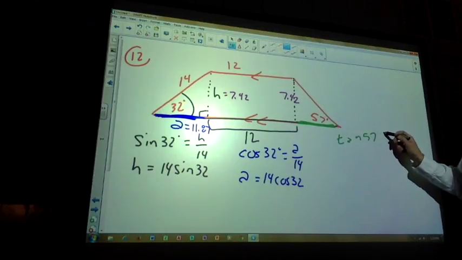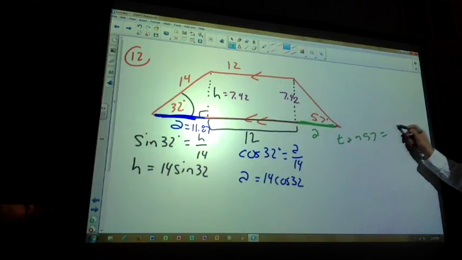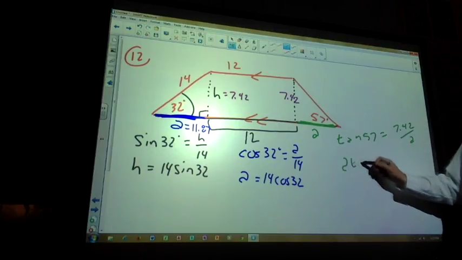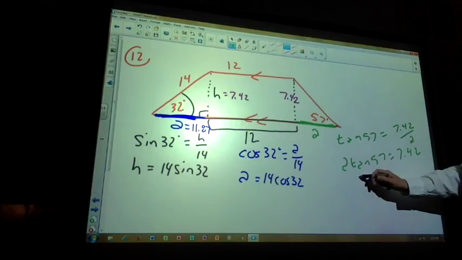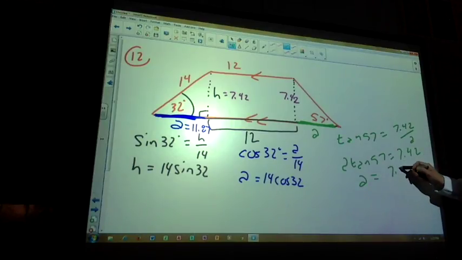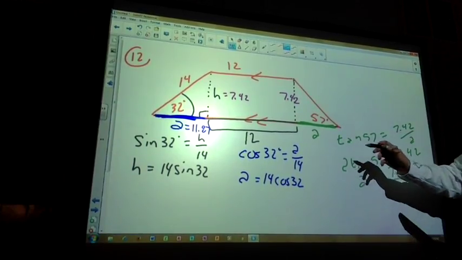I got tangent 57 is equal to, we'll call this the green A, 7.42 over A, which is A tangent 57 equals 7.42, which means A has to be equal to 7.42 divided by tangent 57. Thanks for keeping that for me. So then I find that A is 4.82.